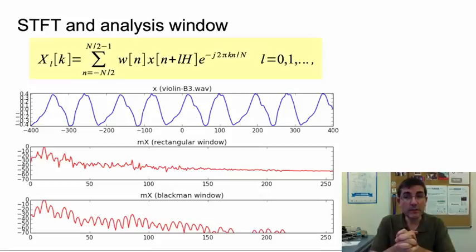So we saw this equation in the first part of the lecture. We now know that the short time Fourier transform is the time varying version of the DFT, and that windowing is a key concept to understand the STFT.